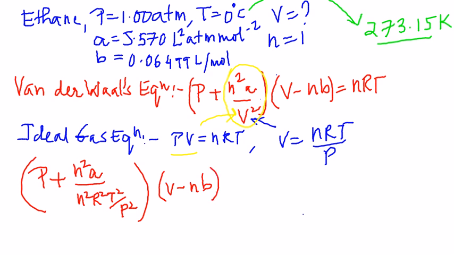Okay, now keep in mind, we didn't substitute this V out here, because if we substitute that, then we really can't calculate the molar volume. Okay, so you want to keep that in mind.